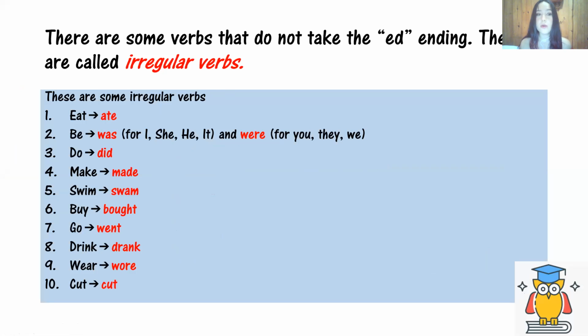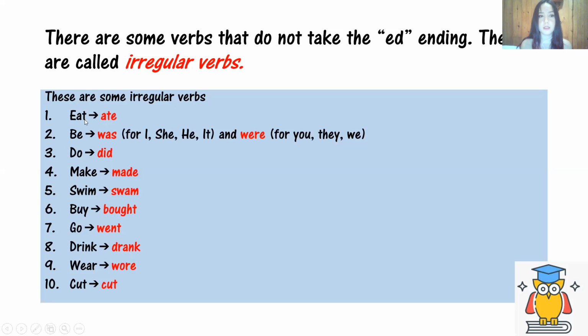Unfortunately, we don't have a specific way to know how to write these verbs in the past, because we just have to study them, to learn them, because all of them are different in the case of irregular verbs. So to learn them, we just have to practice. Here, I included just some of these irregular verbs, and the words that are in red are the past form of each verb. So let's start with the first one.